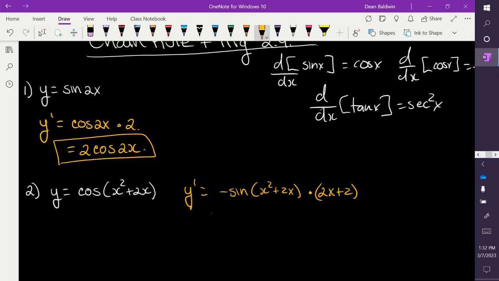Now, normally you would write that in front. That's how it would be written. And you could put the negative in if you wanted. But there you go.